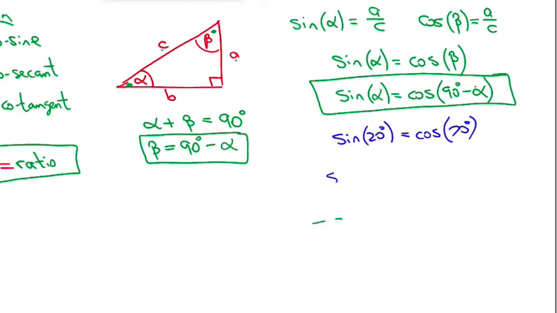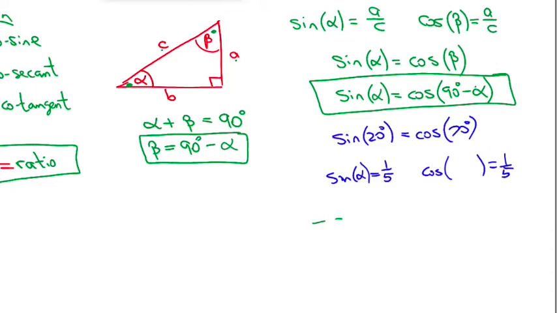So if I tell you that the sine of alpha is equal to 1 over 5, then the cosine of what is equal to 1 over 5? Well, what's the relationship? If this is alpha, what does this one have to be for them to be the same?